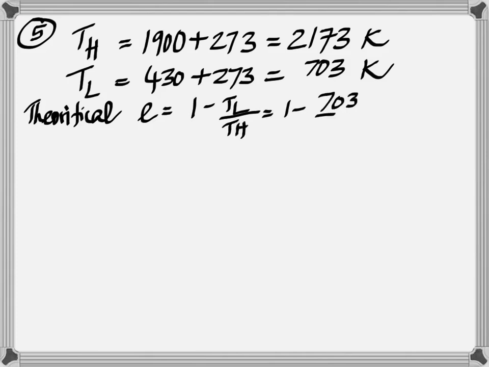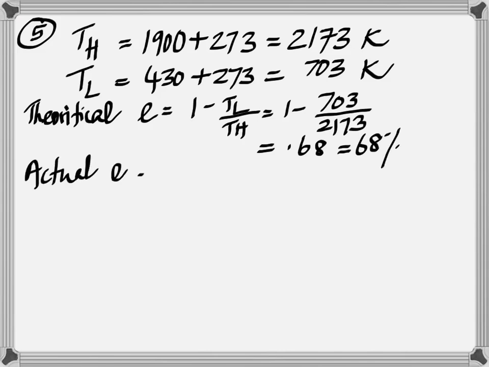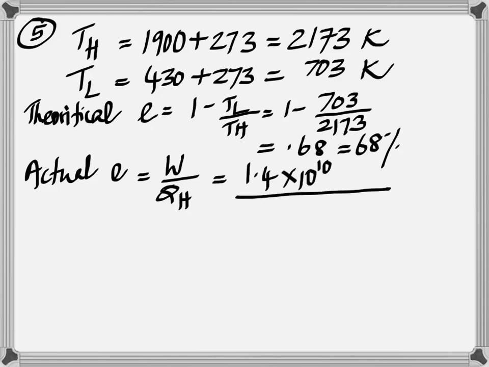Theoretical is 1 minus TL over TH. That's the formula you use, right? For theoretical, you get like 68%. But this is what you write. The actual efficiency is work over QH, which is... wait a minute. Somebody read that question. What does it say?